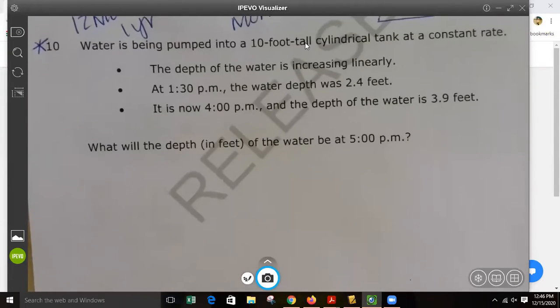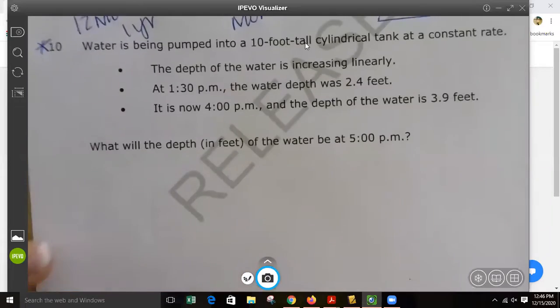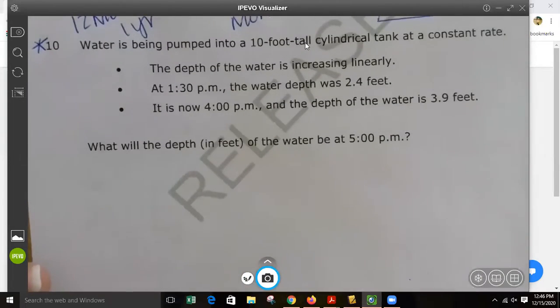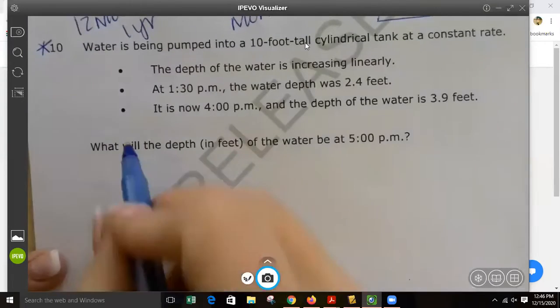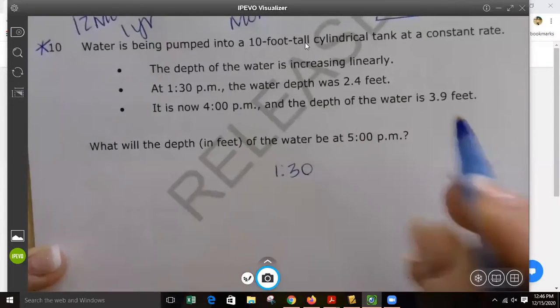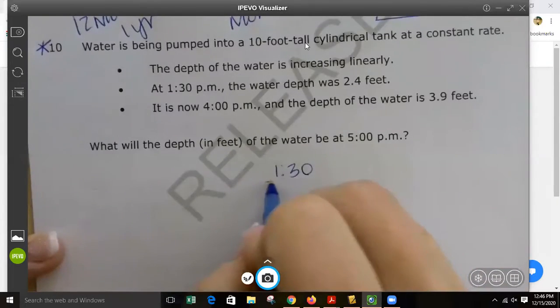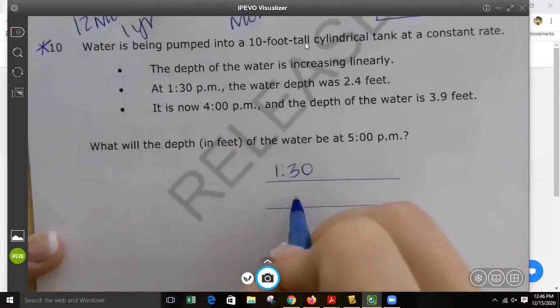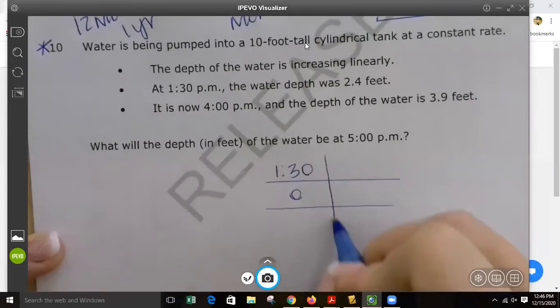What will the depth in feet of the water be at 5 p.m.? So this is what you got to do. At 1:30, we're going to call 1:30 the start or the 0 hour.